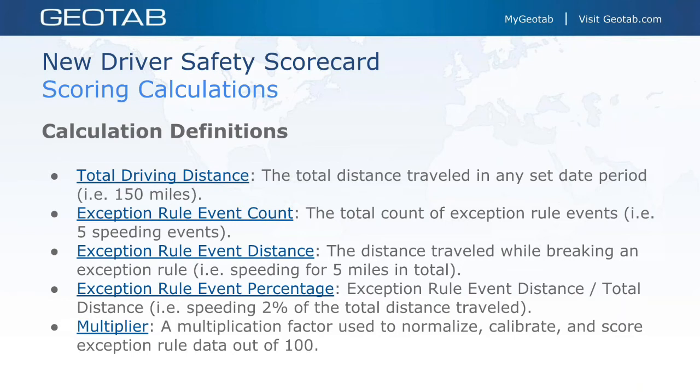In that instance, my exception rule event percentage would be 10%. Finally, we have a multiplier, which is a multiplication factor used to normalize, calibrate, and score exception rule data out of 100. So basically what we want to do is we want to make sure that everyone is on the same scale. Whether for the date range that we're looking at, you drove 500 miles or you drove 3,000 miles, you're being judged on the same scale, and you're not at an advantage or disadvantage based on different factors.